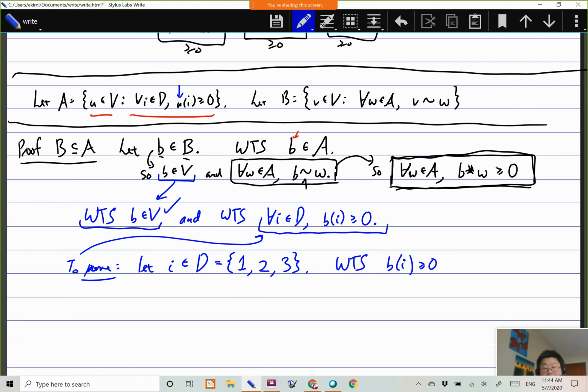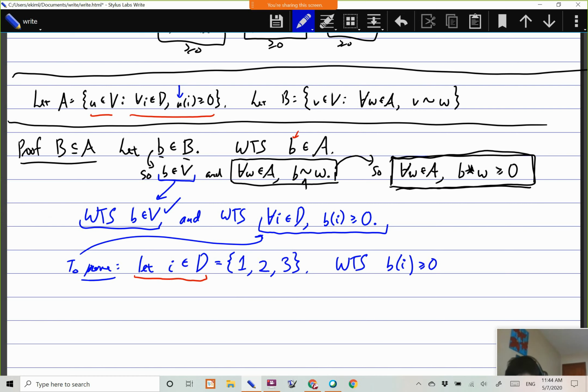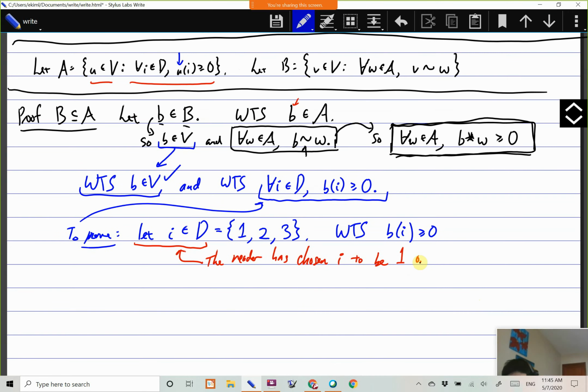Now, I have this note, and I think it'll be rather helpful right now to mention that when we write let little I belong to D, what's going on in the proof is that the person reading the proof, the reader, has chosen little I to be an element of capital D, but there's only three choices. We don't know what their choice is, but they've chosen little I to be 1 or 2 or 3. We don't know which, right?